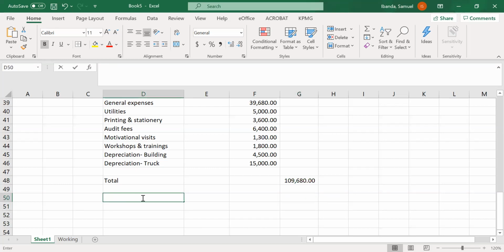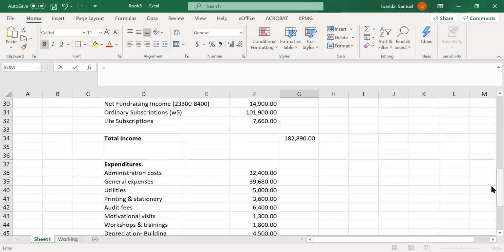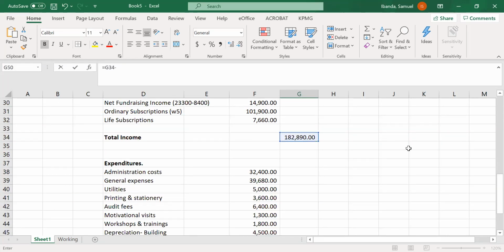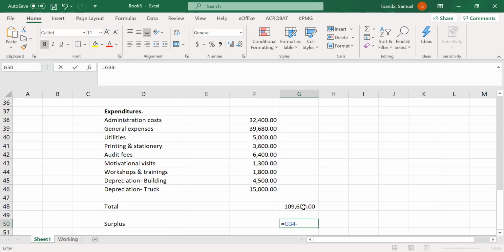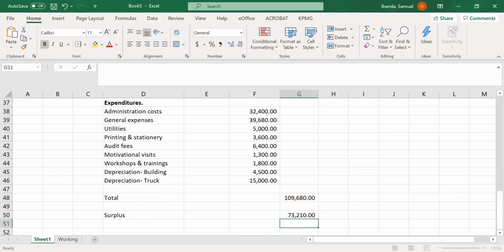Now in this case, not-for-profit organizations don't have profits, okay? So we have what we call surplus and deficit, or excess of income over expenditure, or excess of expenditure over income. So you basically subtract this by that.